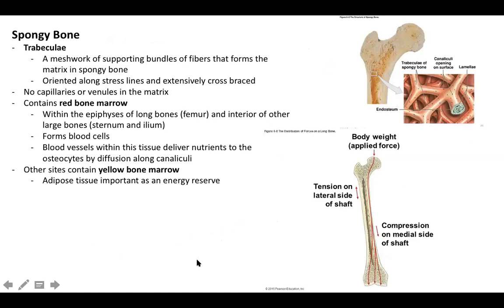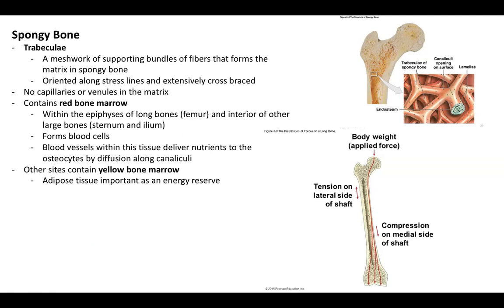All right, so spongy bone is made up of trabeculae. You see they're kind of cross-bridged in here. There's kind of a matrix of lamellae. This provides strength in multiple different directions.